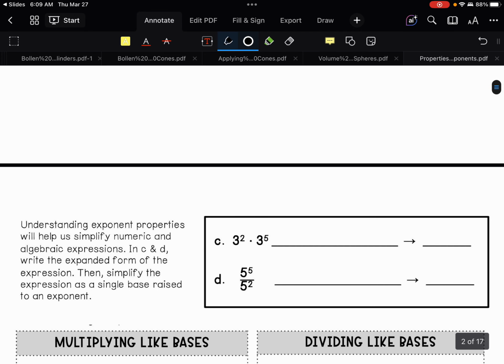Alright. Helping us understand exponent properties will help us simplify numeric and algebraic expressions. So it's all about making expressions simplified.